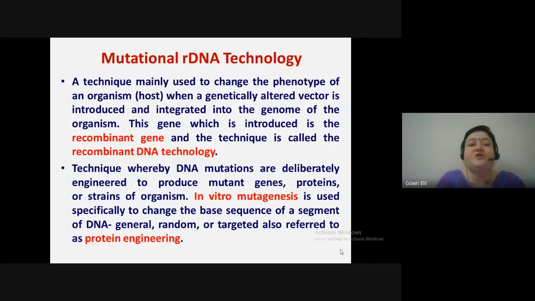mutagenesis. Techniques whereby DNA mutations are deliberately engineered to produce mutant genes, proteins, or strains of organisms.